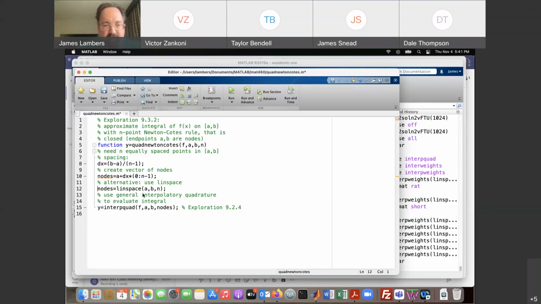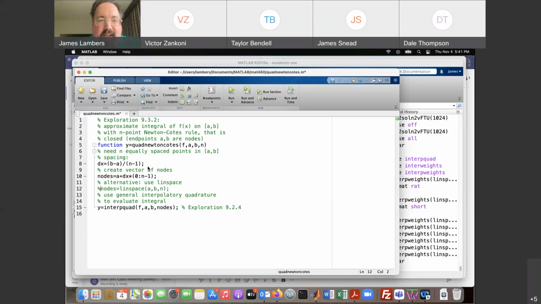I also want to show you how else it can be done using a colon operator. So you get a spacing. The spacing would be the width of your interval, b minus a, divided by n minus 1. And the reason for that is you're going to have n points in total, but a and b are two of those points.